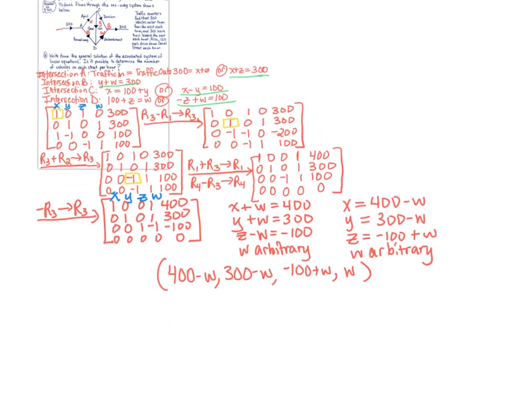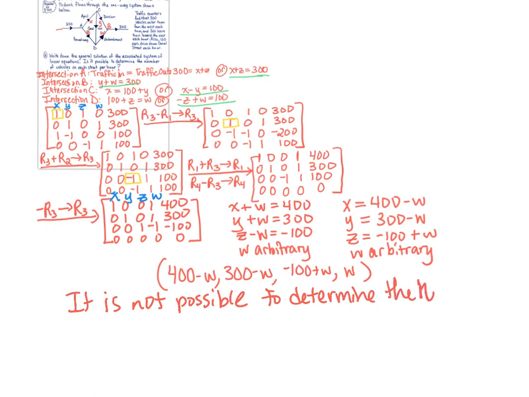We still have to answer the question, which said, is it possible to determine the number of vehicles on each street per hour? Since there are infinitely many solutions, it is not possible to determine the number of vehicles on each street per hour.